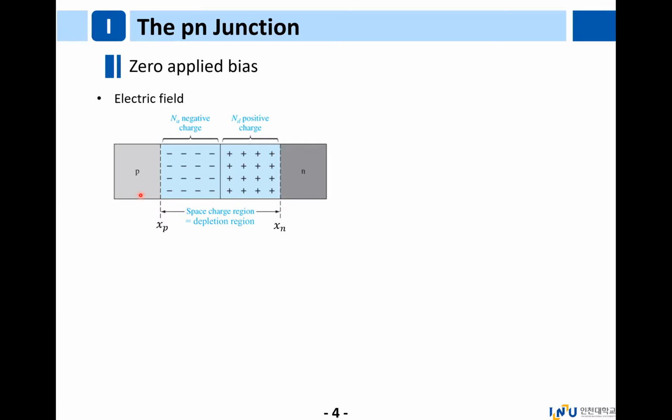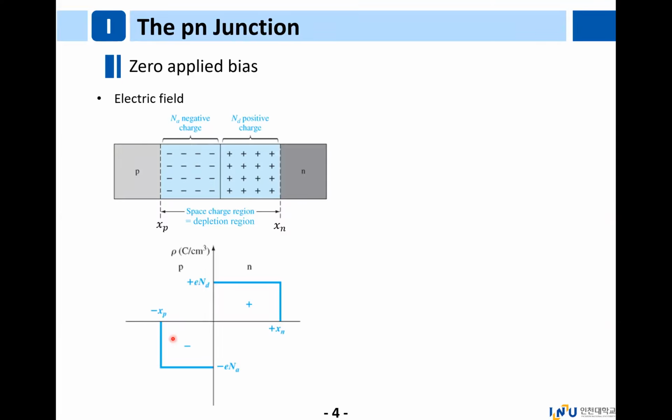Therefore, if we graph the charge density profile as a function of position, it would look like this. In the n-type region, the depletion region forms up to plus xn, and the charge density at that point is q N_D.